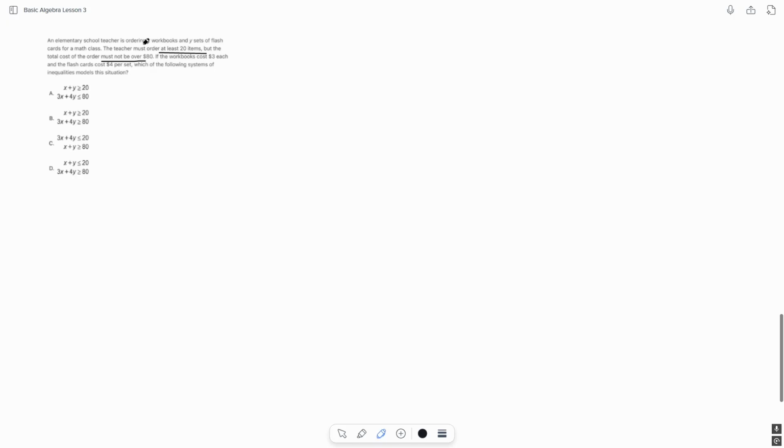So you know that they have X workbooks and Y sets. And together, those must have at least 20 items. At least, right? Based off of this, you can already eliminate these two because they show this is less than or equal to, and this is greater than or equal to 80, which doesn't make sense.